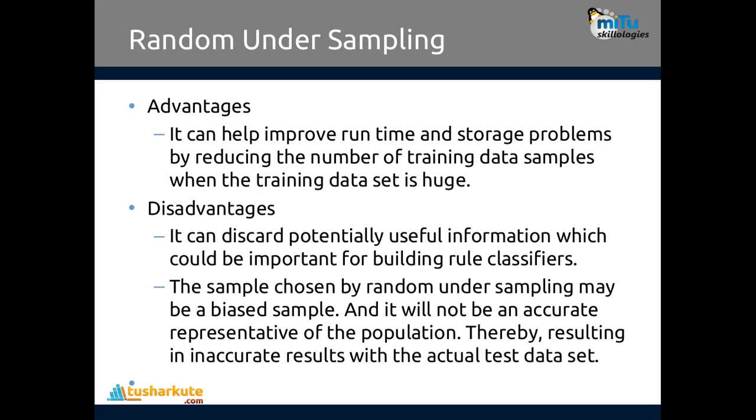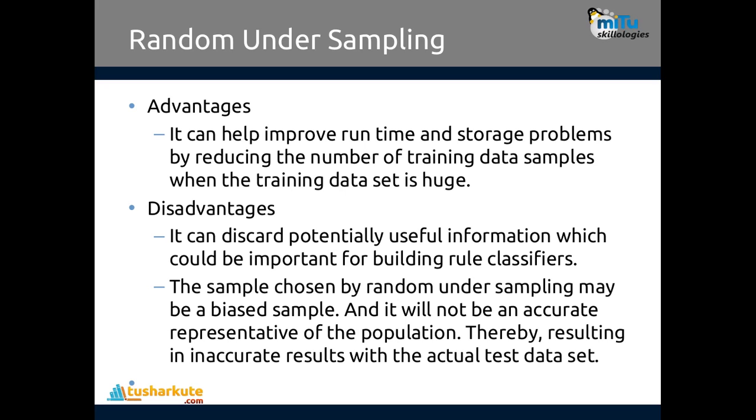What are the advantages of it? It can help to improve runtime and storage problems by reducing the number of training data samples when the training data set is huge. Because undersampling is done, the number of instances is reduced drastically. Disadvantages: it can discard potentially useful information which could be important for building rule classifiers.